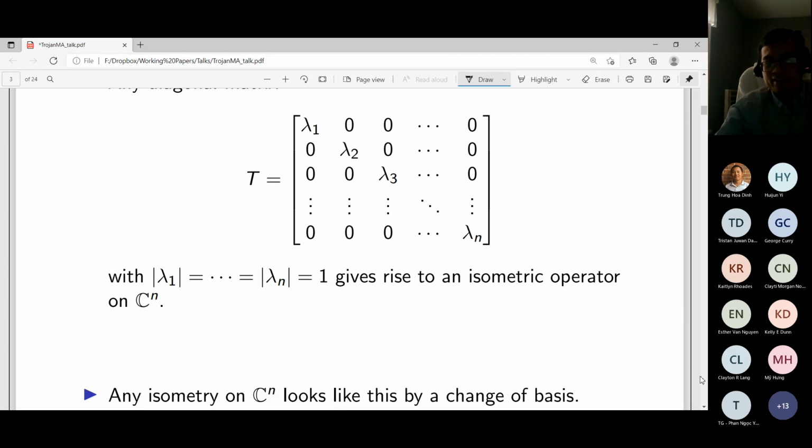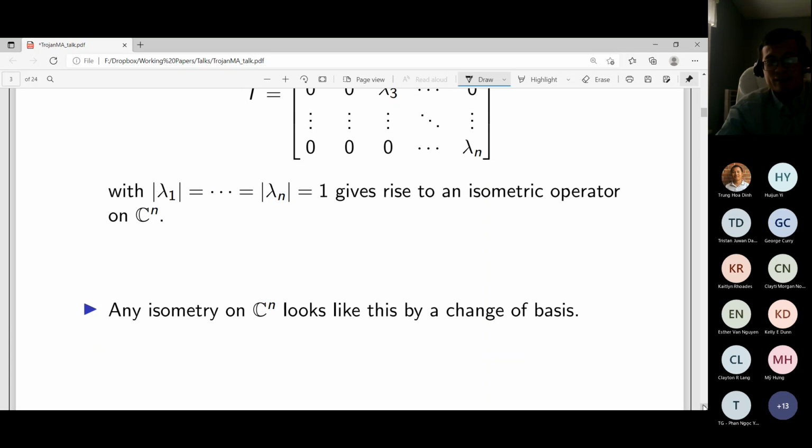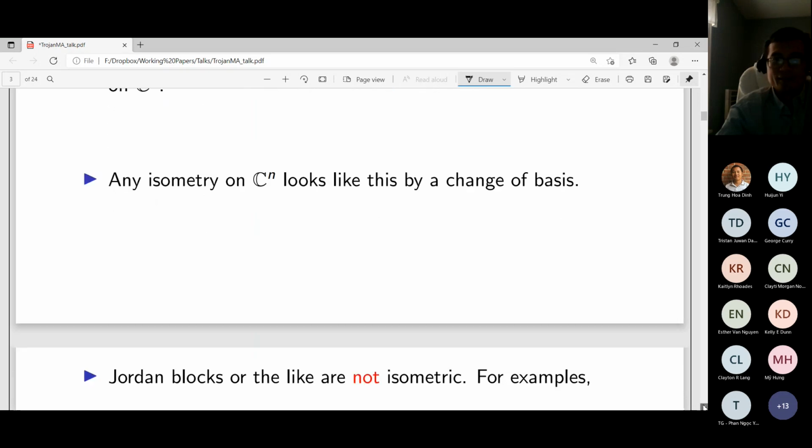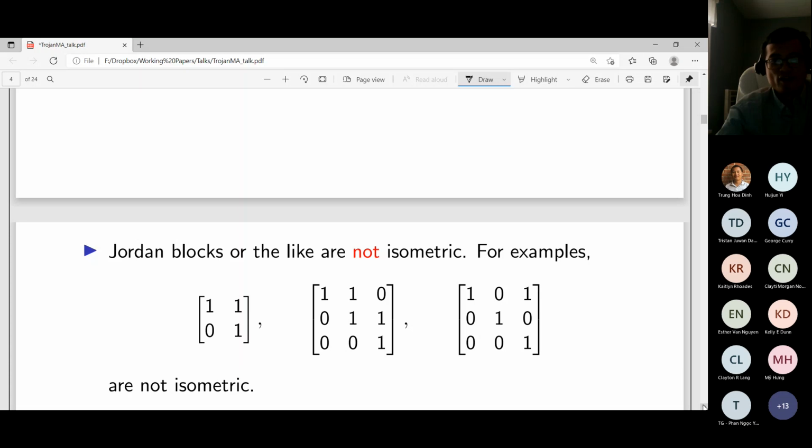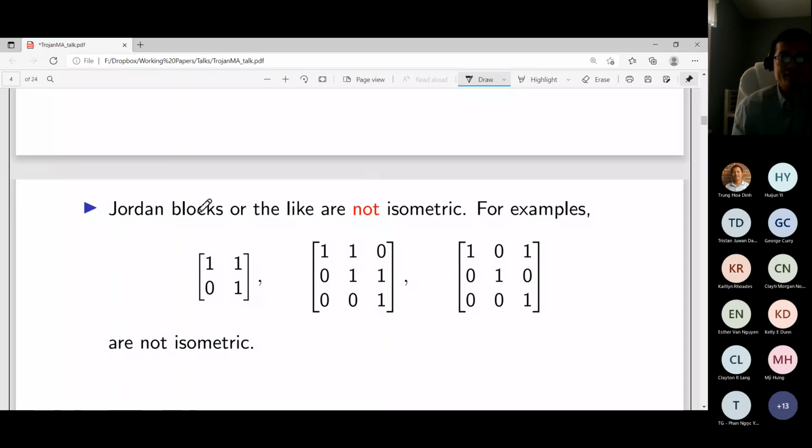However, if we change the identity matrix just a little bit, then we don't have isometries anymore, especially if we look at Jordan blocks like this. A simple Jordan block with ones on the diagonal is not at all an isometry. It doesn't preserve length at all.